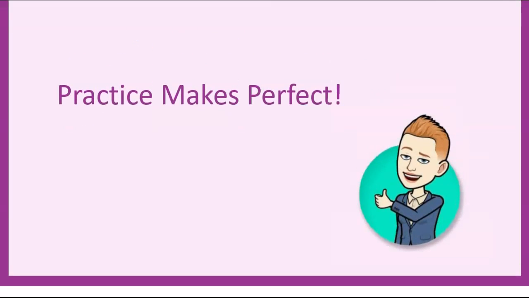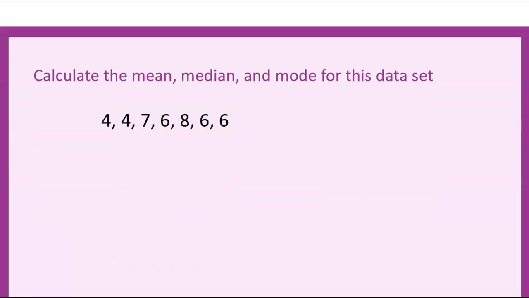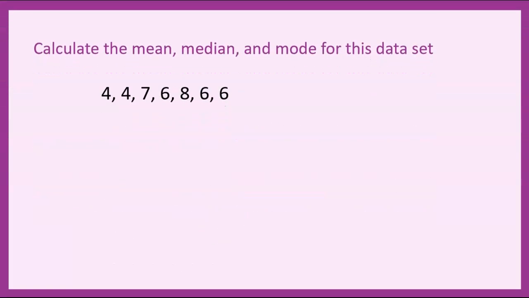And we'll just go through a couple of examples now to make sure we've got these ideas solidified in our head. So we want to calculate the mean, median, and mode for this set of data. Mean is going to be sum over count.